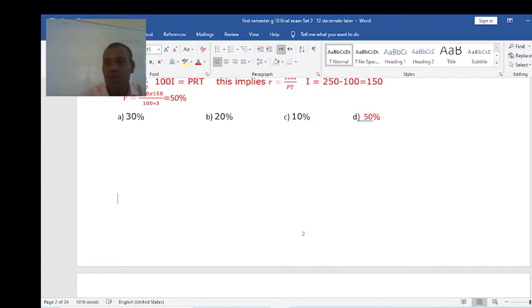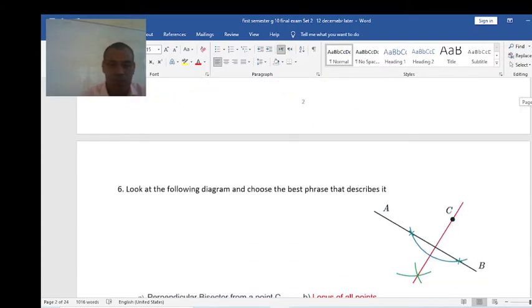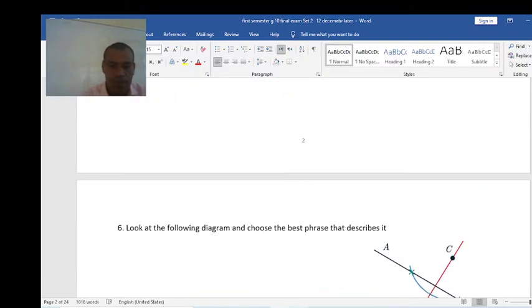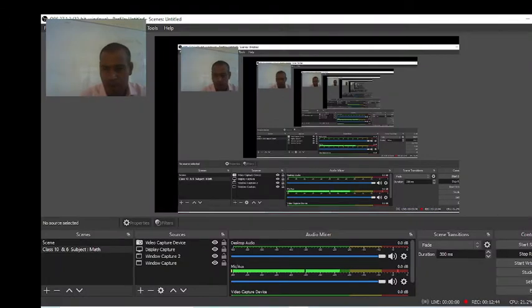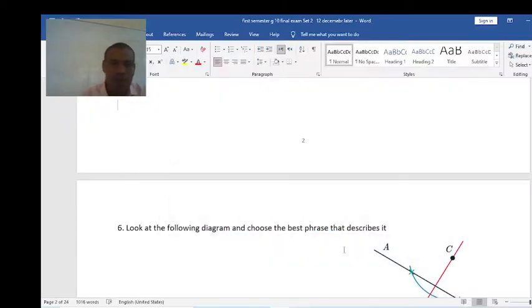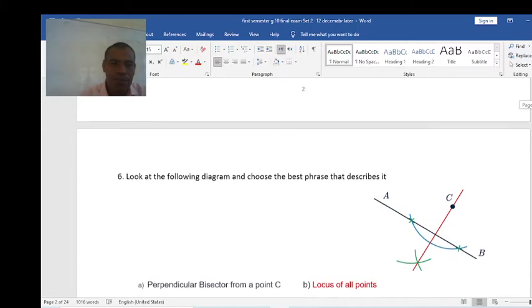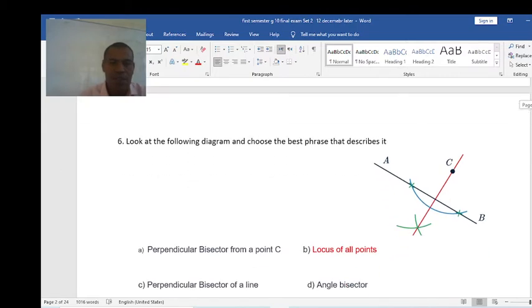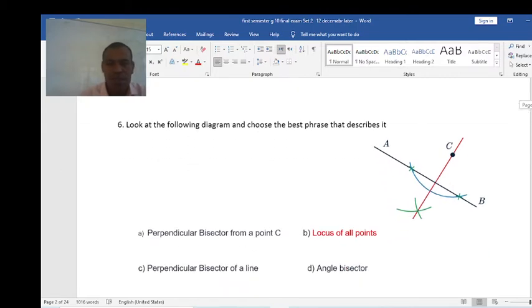Okay, for the second one, what do we have, my learners? Look at the following diagram and choose the best phrase that describes it. You can see this one is the perpendicular line through a point C to the line segment AB.